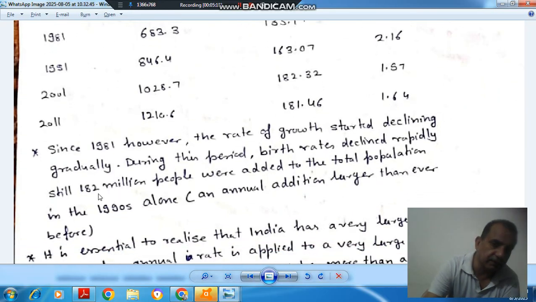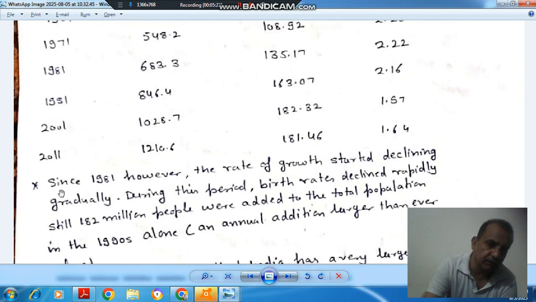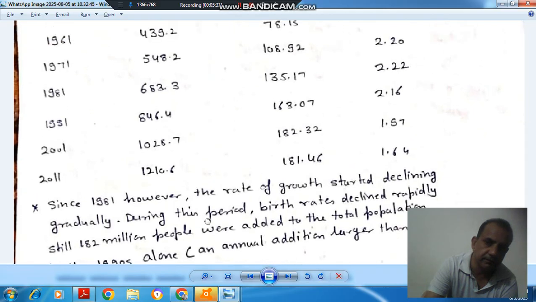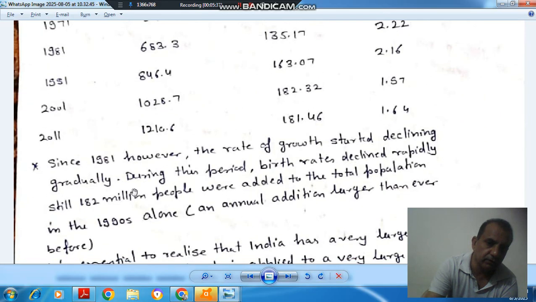From this data we can analyze that since 1981, the rate of growth started declining gradually.